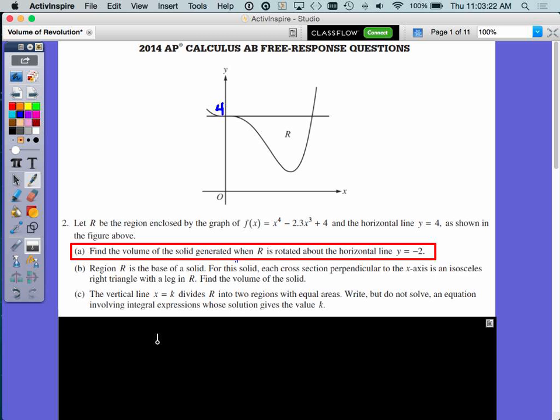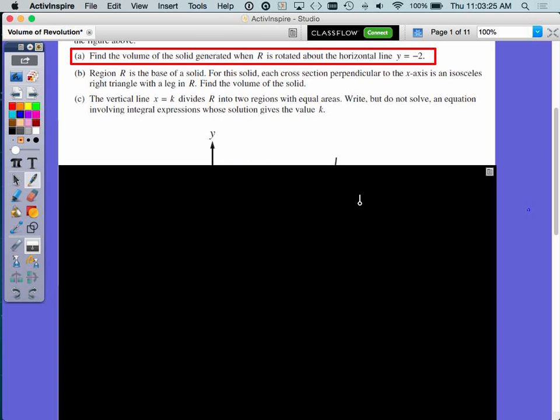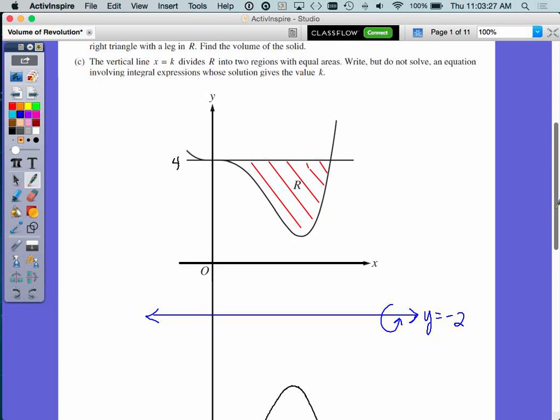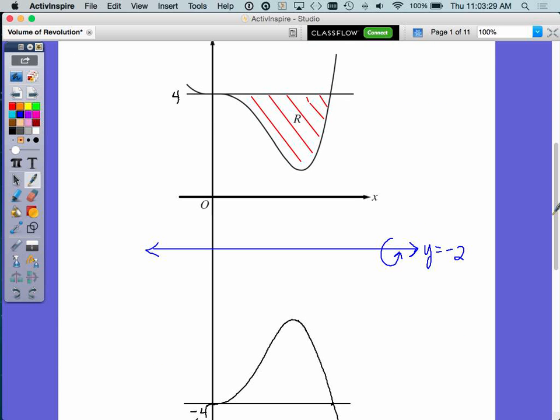So I've already set up part of this. And we see the graph that we were given before with the region R shaded in, and this region needs to be revolved around this horizontal line y equals negative 2, which is going to reflect this curve and this line down to here.